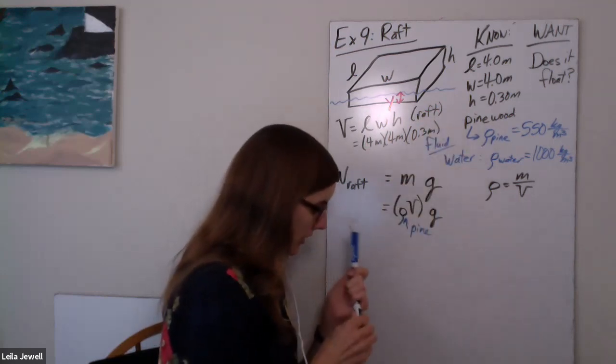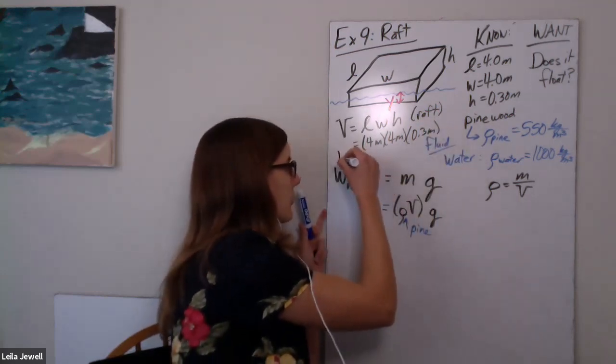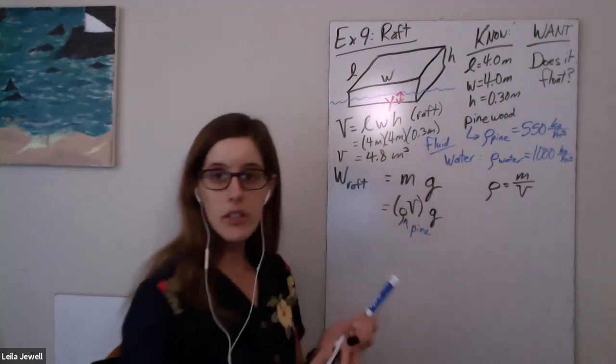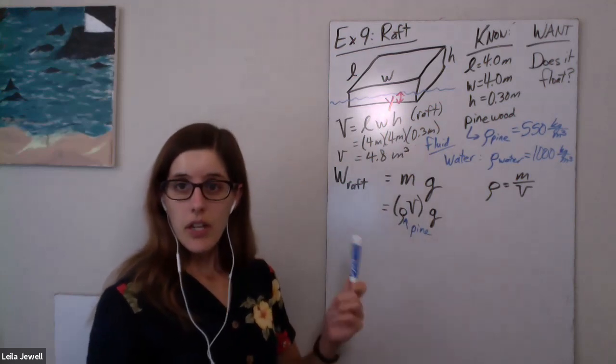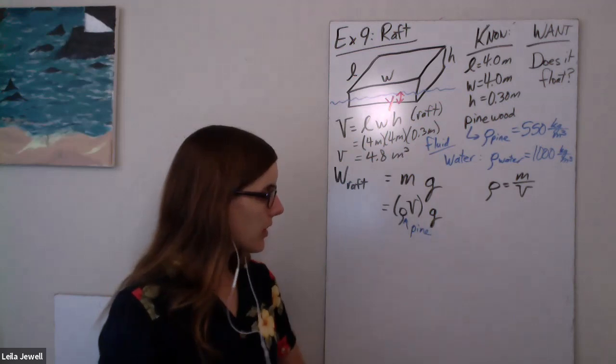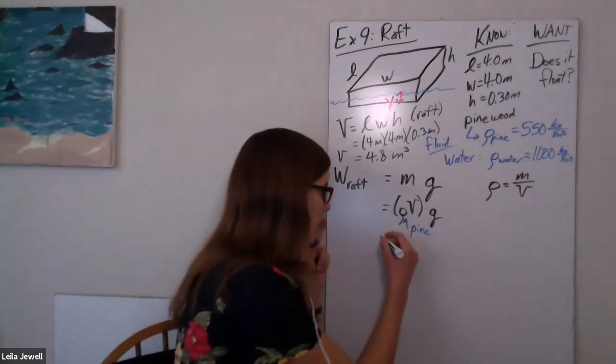And if you calculate that out, you find that the volume of the raft is 4.8 cubic meters. All right, so now we have the volume of the raft, the density of the raft times g. We're in really good shape.